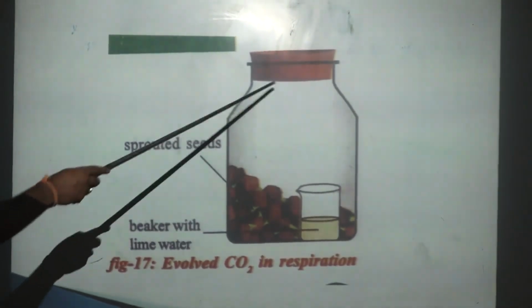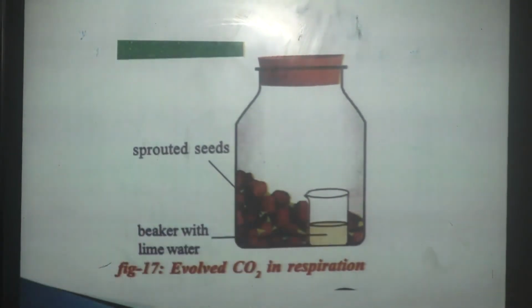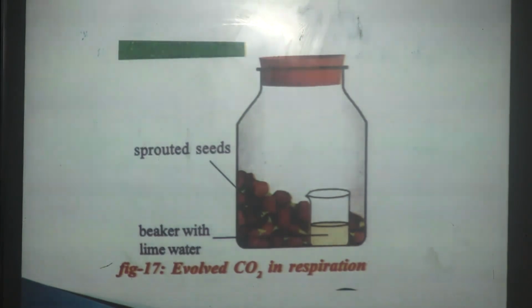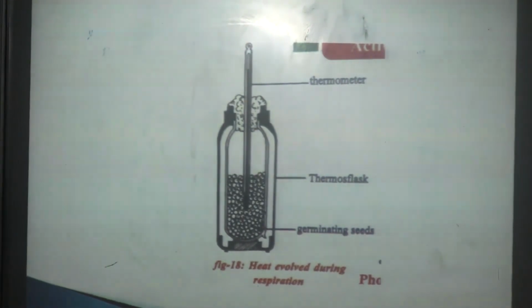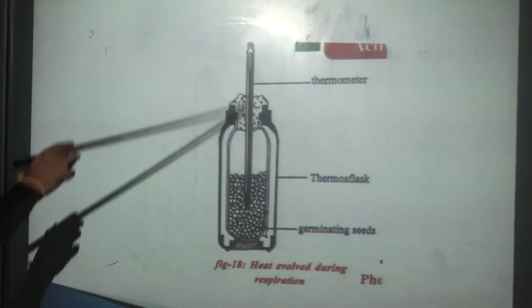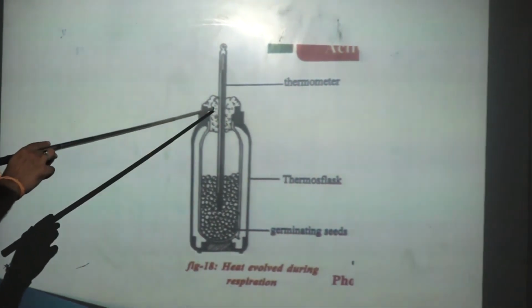The carbon dioxide stays here, and here it is lime water, and it will be converted into a milky white precipitate. And this is heat released. At the time of respiration, heat is definitely produced. You insert the thermometer here and you put the cotton plugs here.